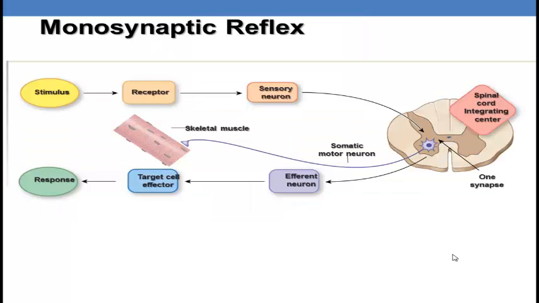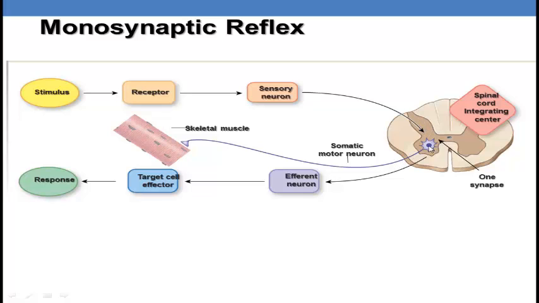So, according to the number of synapses between afferent fibers and efferent fibers within the reflex arc, spinal reflexes will be classified into monosynaptic if there is a single synapse between afferent fiber or sensory neuron and the efferent fiber or the motor neuron.